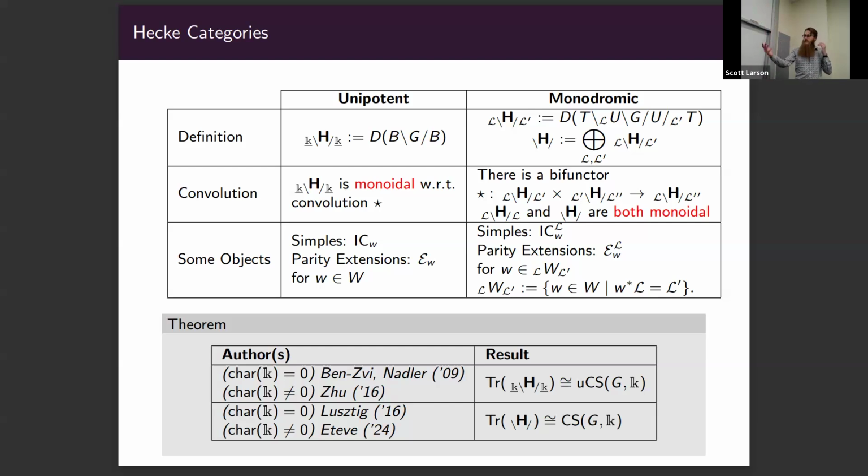Whereas, for instance, G-equivariant sheaves on G, with respect to the conjugation action, it's much more complicated. There's infinitely many orbits and there's a lot that we don't know. Okay, so the rough goal is to spend more time on the monodromic side and try to find some information that can maybe tell us some more about the character sheaves.